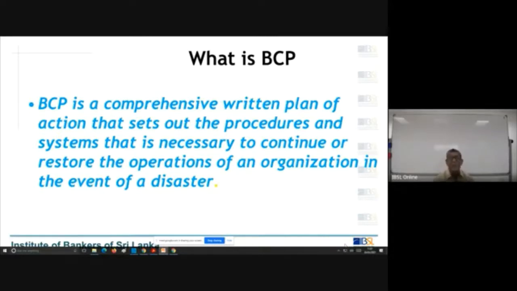That is your BCP. Now, another example I will tell you. Suppose your branch is located close to a certain river. For example, say your branch is located somewhere in Kaduwela. A good example, the low-lying area of Kaduwela, where your branch is usually located.